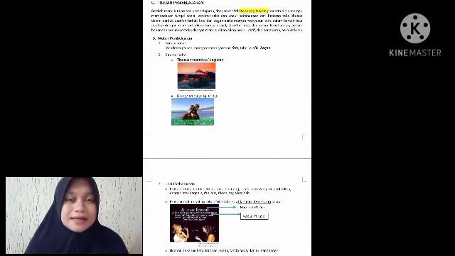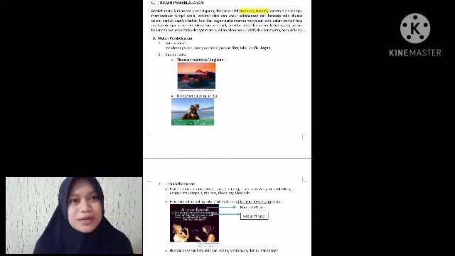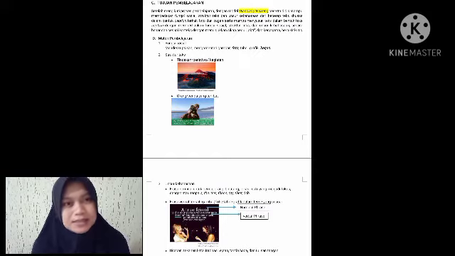The learning material of this topic I got from Google, and then I also got some examples from Instagram. So the material, you can see the material such as the social function, generic structure, and language features.